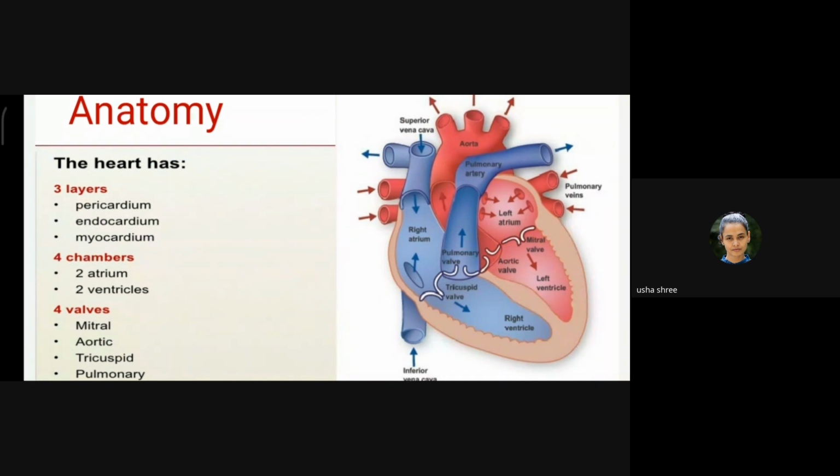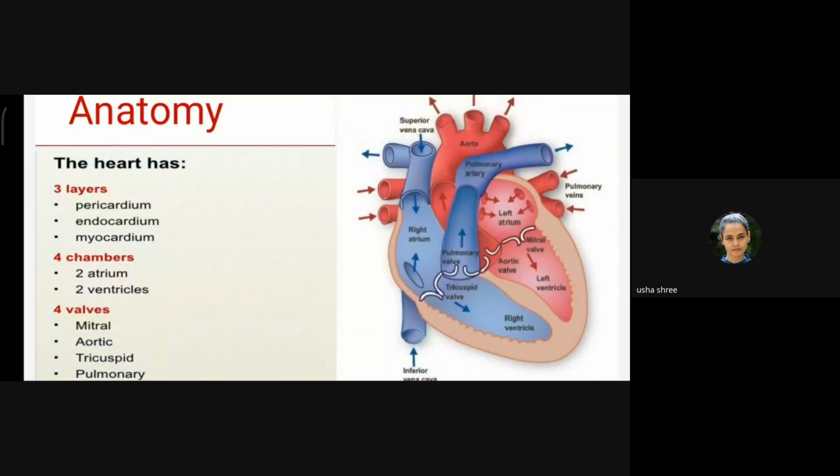From this right ventricle, this deoxygenated blood is going to the lungs through the pulmonary artery. So the pulmonary artery is connected from the right ventricle of the heart to the lungs. So in between the right ventricle and the pulmonary artery, the pulmonary valve is present. Okay, is it clear?